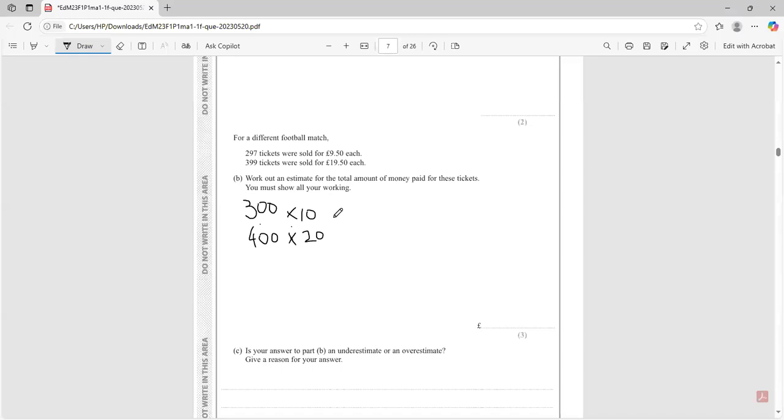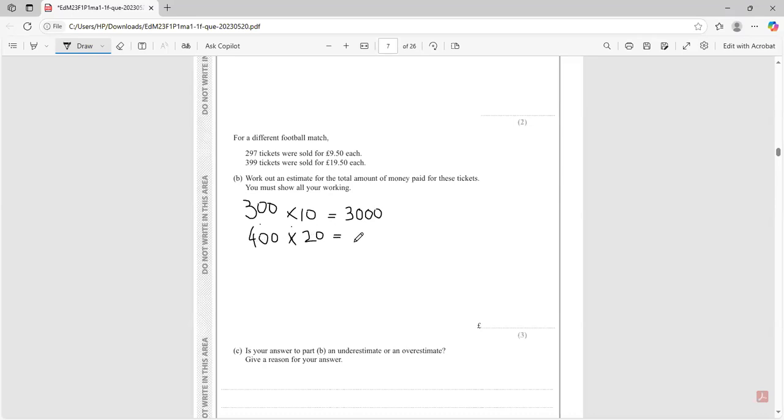So the total would give us 3,000. That's simply done because 3 times 1 is 3, and then you have 3 zeros. That's what makes estimates fun, because you can easily multiply even without doing much.